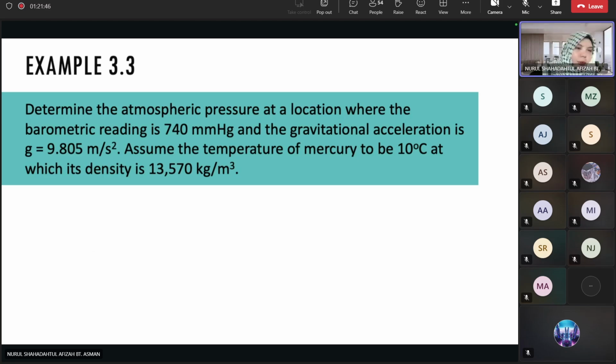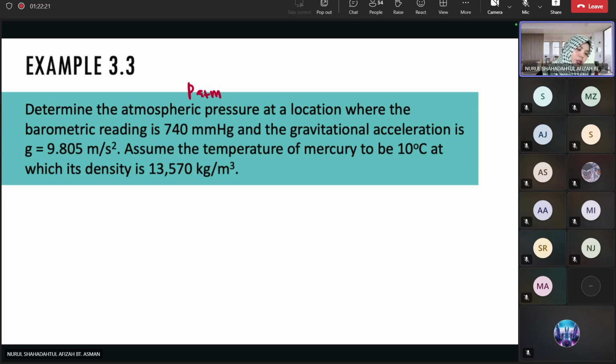Which is example 3.3, to determine the atmospheric pressure at a location where the barometric reading is 740 mmHg, and the gravitational acceleration is 9.805.